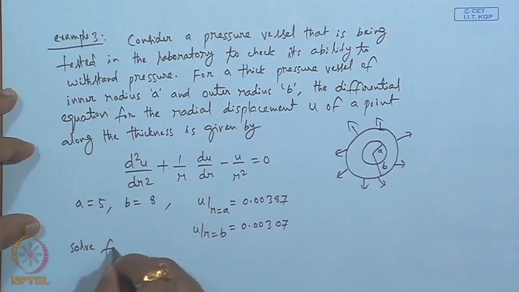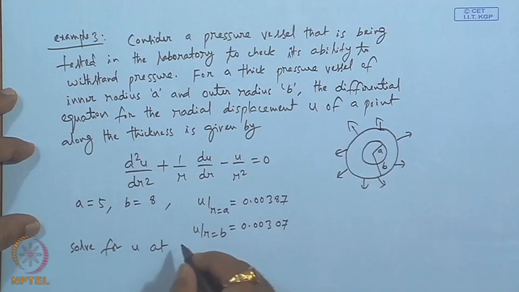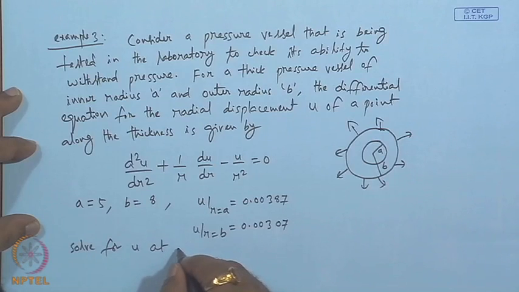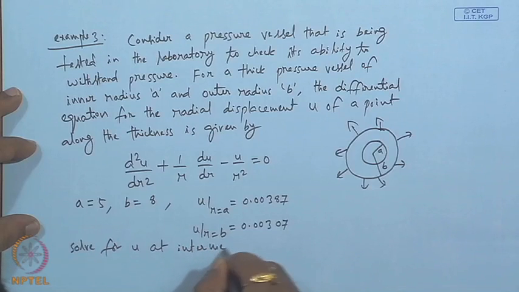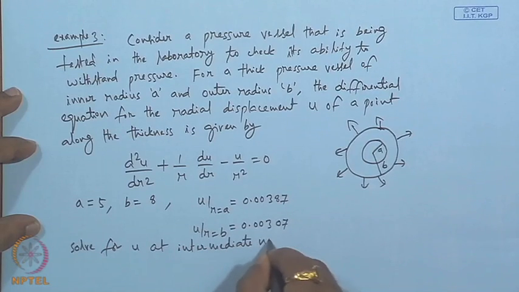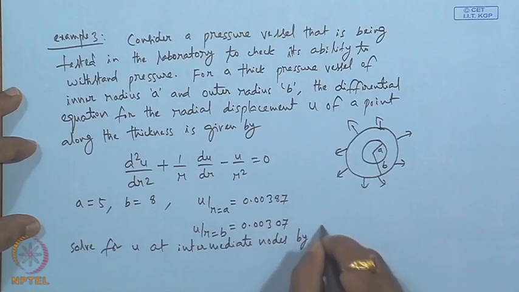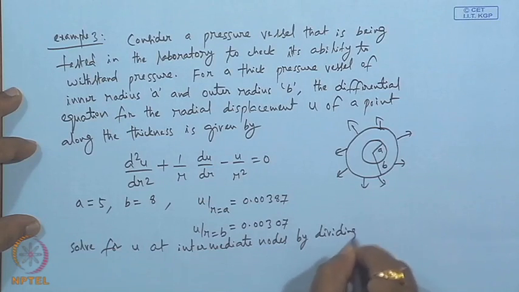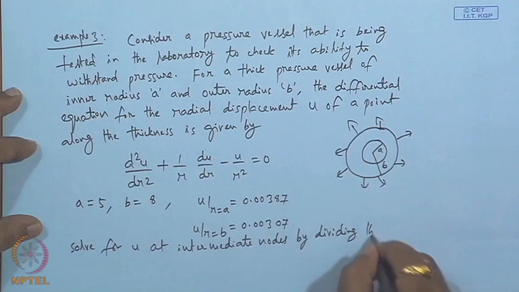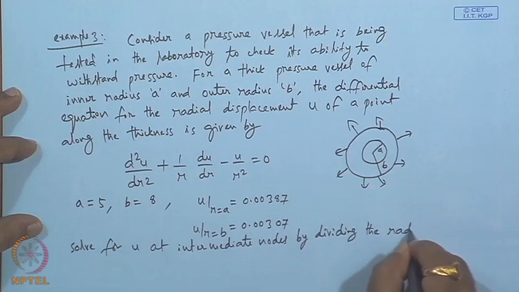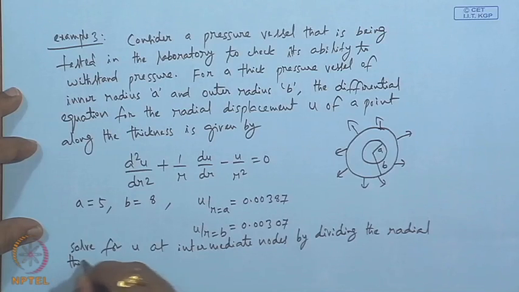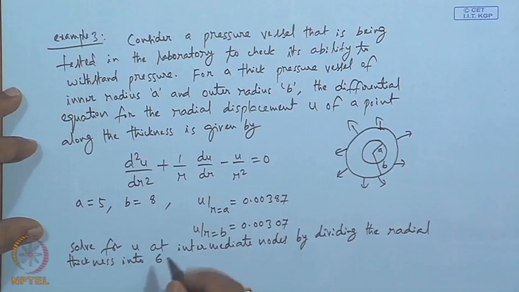Solve for u at intermediate nodes by dividing the radial thickness into 6 nodes.